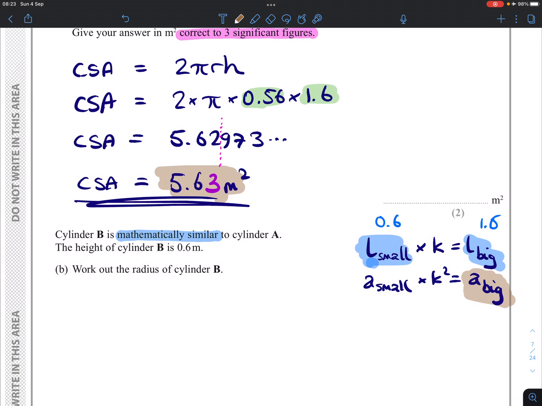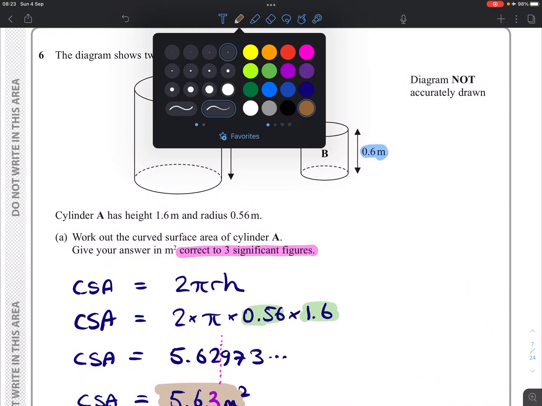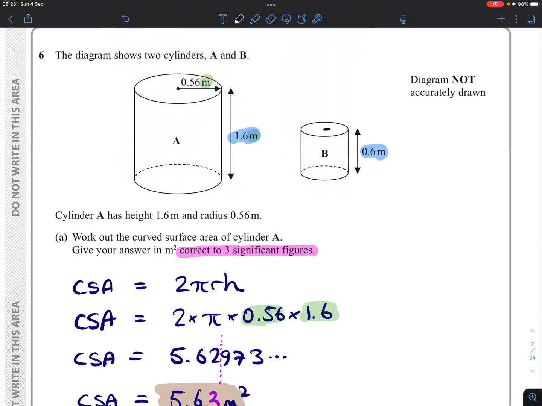We have our area of the big, which is 5.63. And although the question itself here is not asking us for the area, we could technically use this formula eventually for the area, although I'm actually making this a lot more difficult than it needs to be, because here, well, we've got options, let's put it that way.